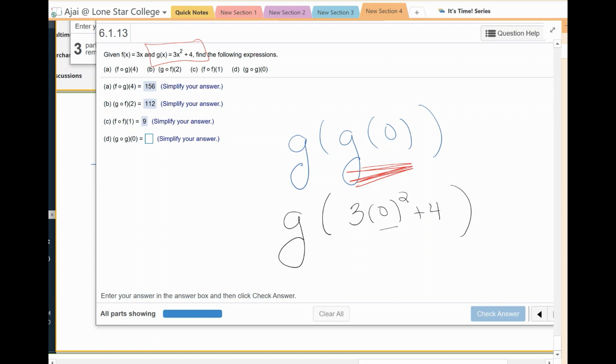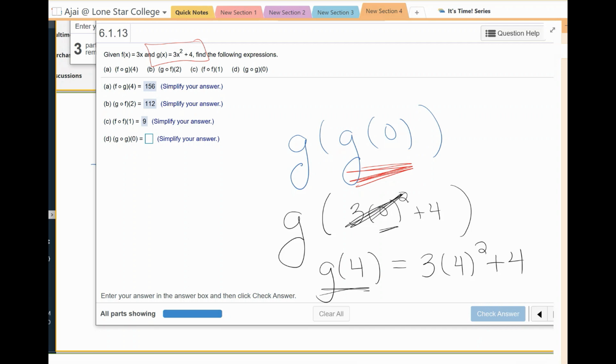Now, 0 squared is 0. 0 times 3 is 0. So all this cancels out, and you end up getting g of 4. And now it's saying, go to the g function and put 4 in there for all your x's. So 3 times 4 squared plus 4. And what did we get last time? Didn't we already do that?